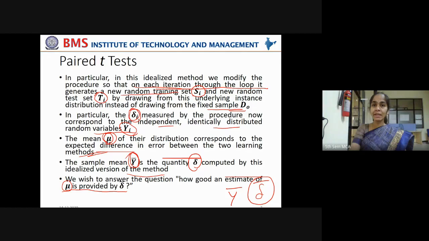By calculating the errors mean, that is delta bar, and seeing whether it is equal to the mean of the normal distribution mu. If they are equal, then we can say that errors are following a normal distribution. We brought that question into an understandable manner now.